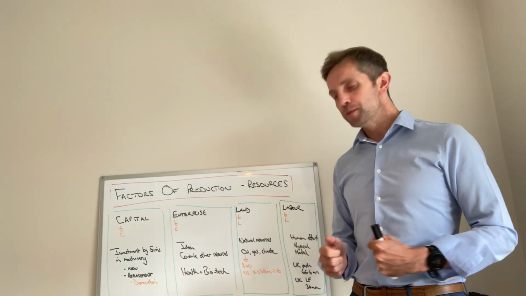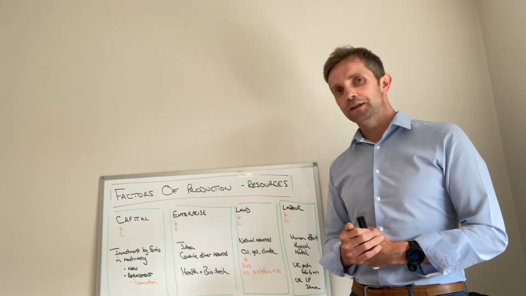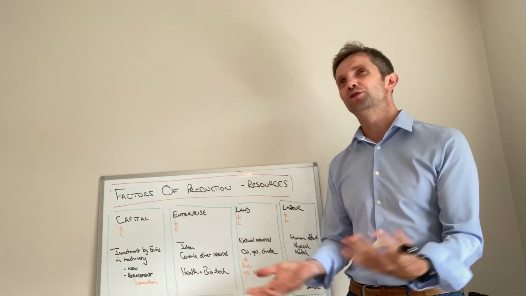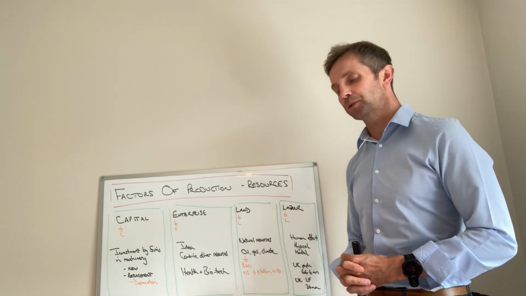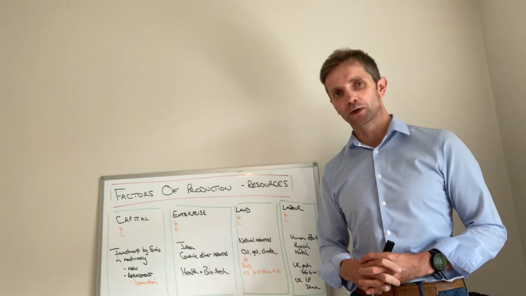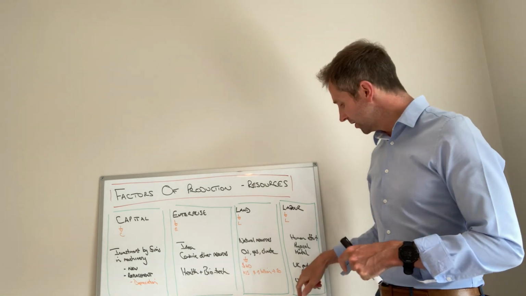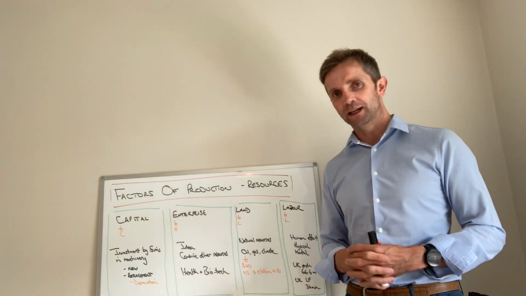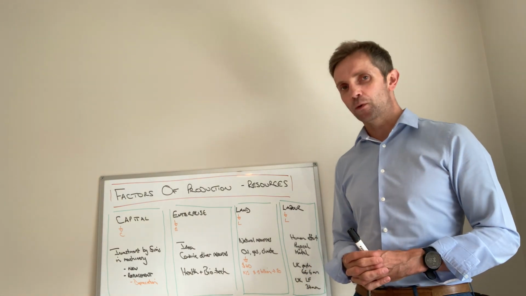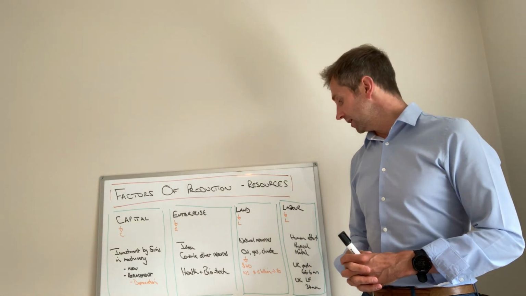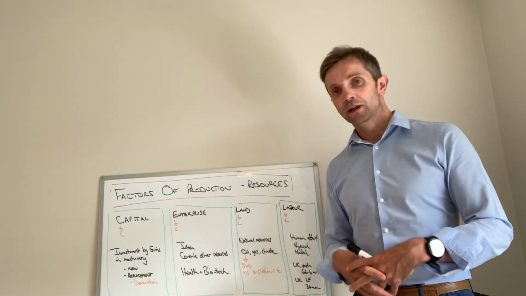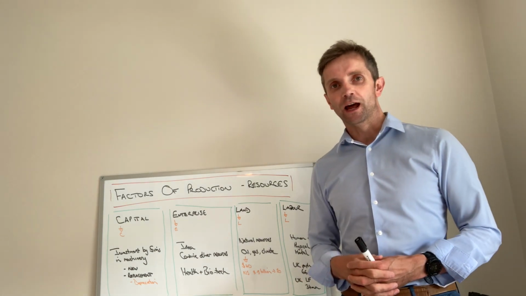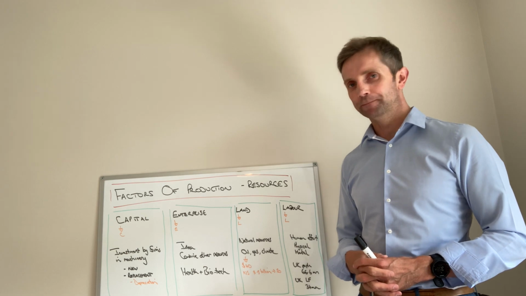So that's human effort. And if you think of the UK in terms of its population size, there's about 66.6 million people in the UK, and approximately 34 million of them would be in the labour force, willing and able to use their physical and mental efforts in that way.